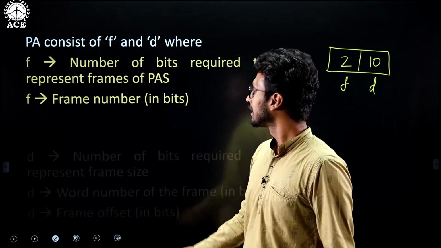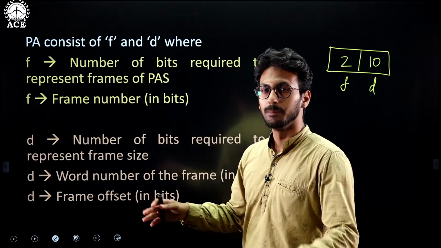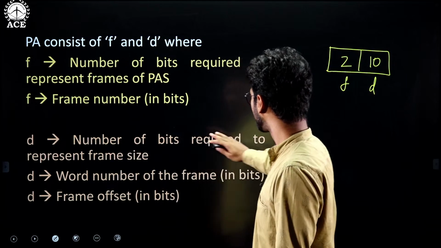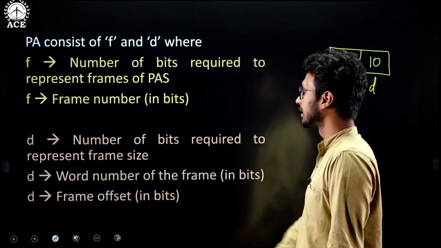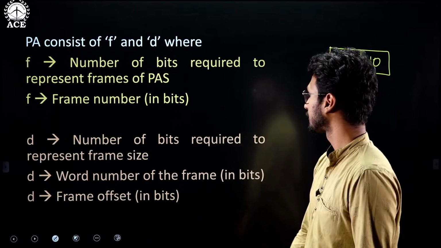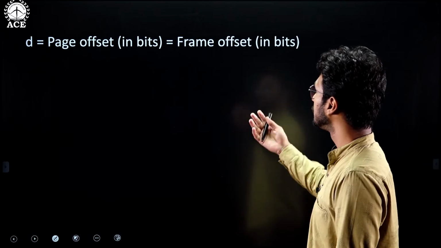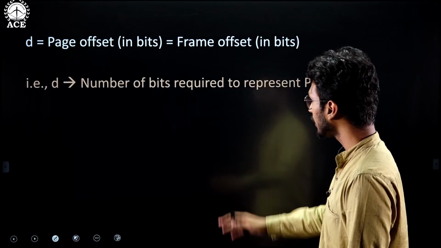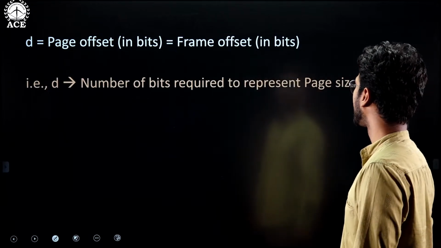Done. D, same in both. Be it frame offset or page offset, both mean same only. D, number of bits required to represent frame size. D, word number of the frame, a frame offset. In bits. Page offset in bits, frame offset in bits, both are same. Next one, D, number of bits required to represent page size.